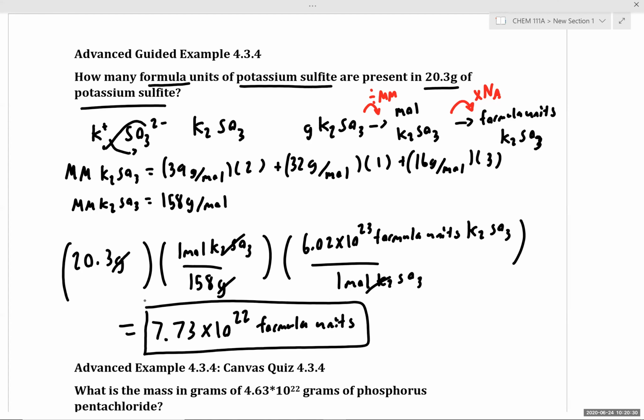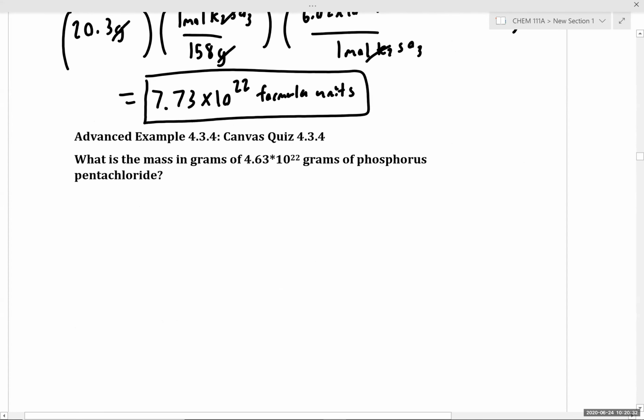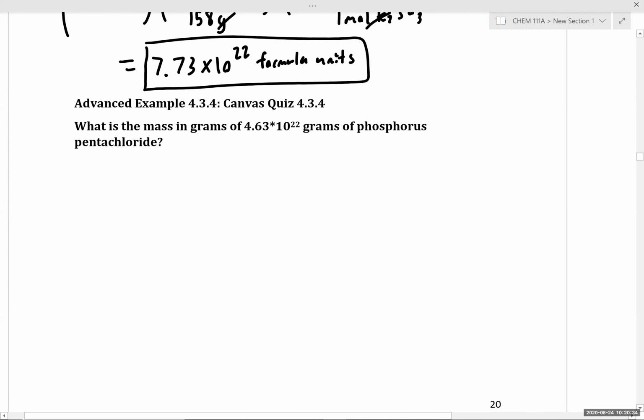If not, what I now like us to do is to take about 3 minutes and work on the following example. I'd like you to tell me the mass in grams of 4.63 times 10 to the 22nd molecules of phosphorus pentachloride. So again, you're doing a molecule to mass conversion this time. You can submit your responses in the chat or in Canvas quiz 4.3.4.